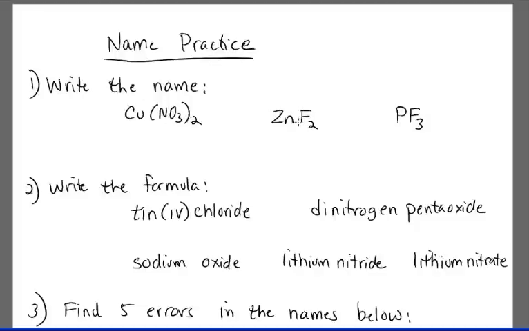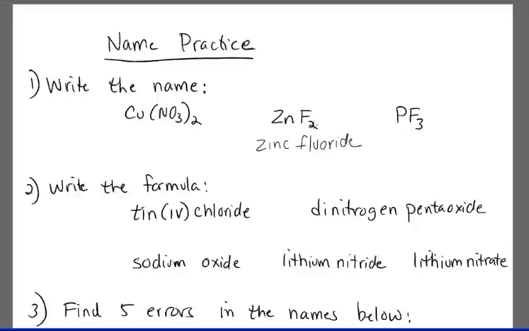The second one has a metal. The third one does not. So the first two are ionic compounds, and you need to use those naming systems that we talked about. Let's do the middle one first. If it's a metal that only has one oxidation state or one charge, then you simply name the metal and you name the anion with its IDE ending.